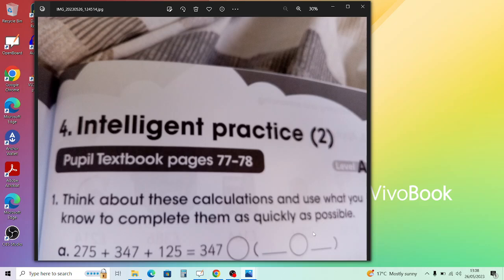Level B, think about these calculations, and use what you know to complete them as quickly as possible. So as quickly as possible just means 189 plus 211. Do that in order first because that'll be easier. And then you can do 265 plus 135, because 65 plus 35 will take you there. And then in terms of subtractions, if you're going to take away 128 and you're going to add 128, those cancel each other out.